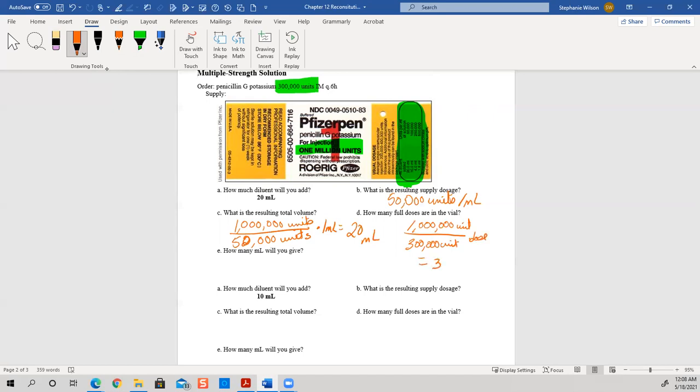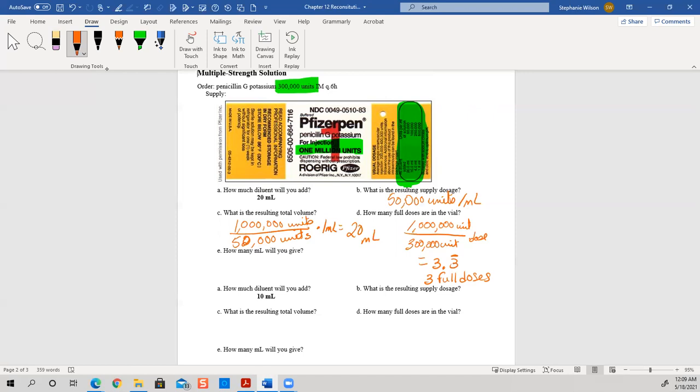And that's going to give me 3.3, and this 3 is repeating, but the decimal we don't need because we want a full dose, not a partial dose. So we're going to say it's 3 full doses in that vial.